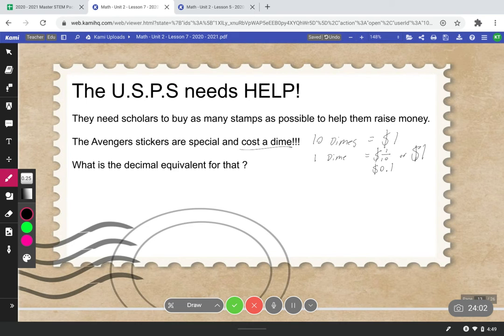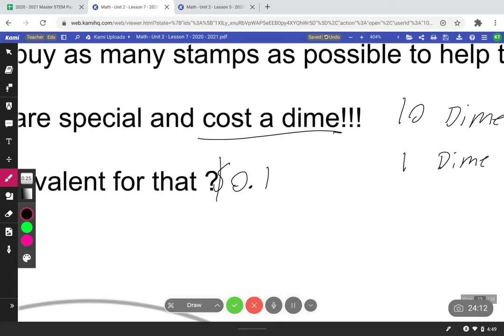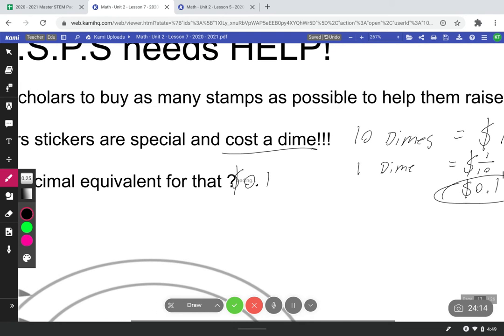The decimal form of that, right here. That 1 dime, 1/10. Because you need 10 total dimes to make $1, and if you only have 1, that's 1/10.